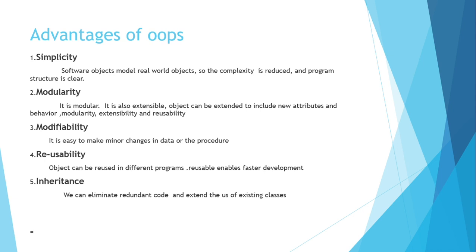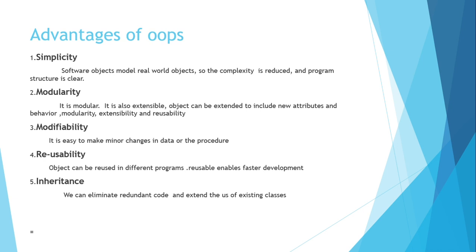Next, modularity. The OOPs concept is modular. Why is it modular? It is also extensible. Objects can be extended to include new attributes and behavior: modularity, extendability and reusability. In OOPs, we are using objects and classes.